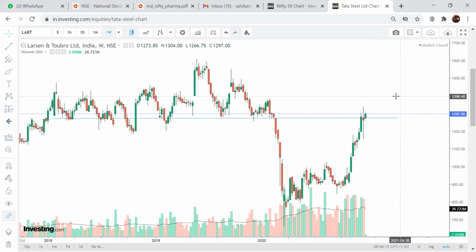in future, what we can see is a new all-time high. I can see it really well, because this resistance is broken, this resistance is broken. It has just upside to move up. Maybe infra is not able to make its all-time high till now, but the future is really shining for infra also.